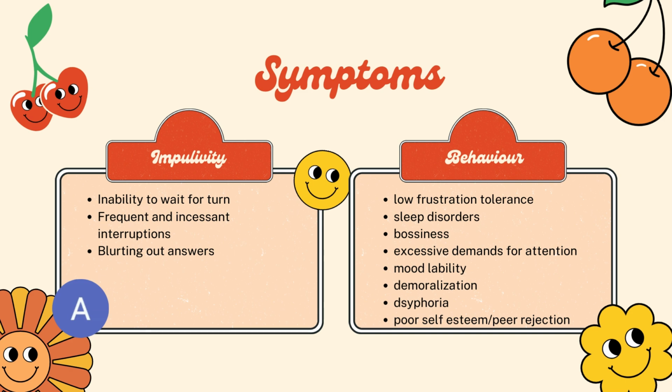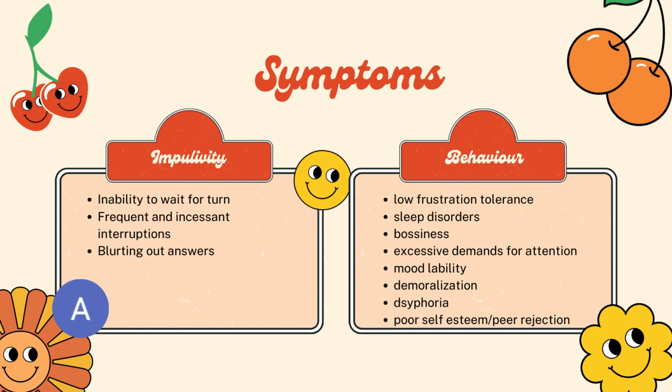So this demoralizes them, making them have lower self-esteem about themselves, which would lead to dysphoria, better known as rejection sensitive dysphoria for children with ADHD. This is when you experience severe emotional pain because of feeling rejected.